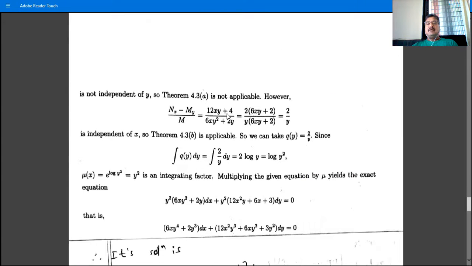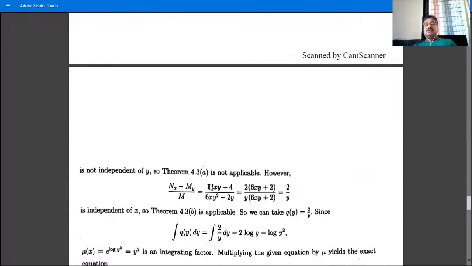Then take 2 common from the numerator, 6 common, y common from the denominator. So the brackets are the same and cancel. We have 2 by y, which is independent of x, a function of y alone. It is not a mixed function of x as well as y, and therefore it is denoted by Q(y).